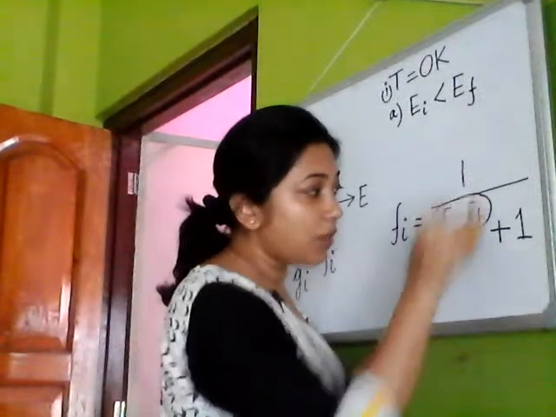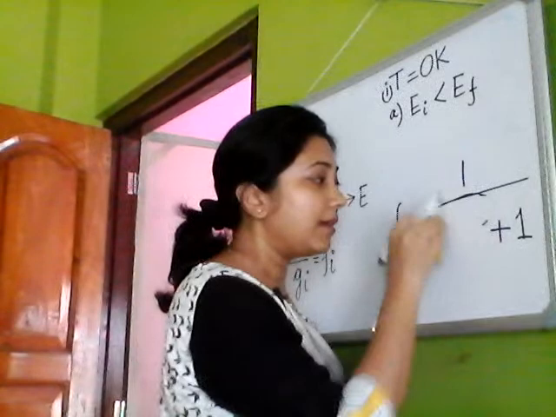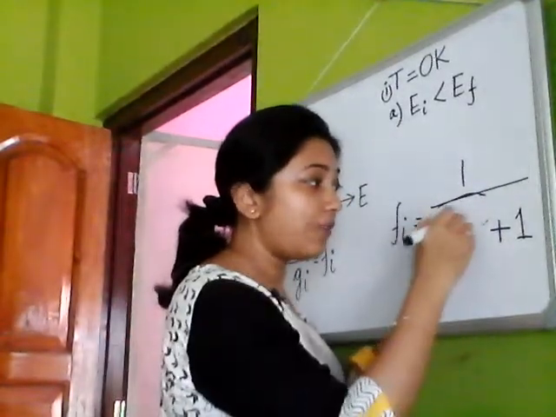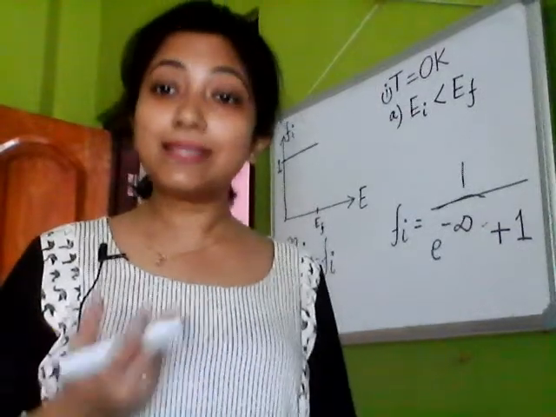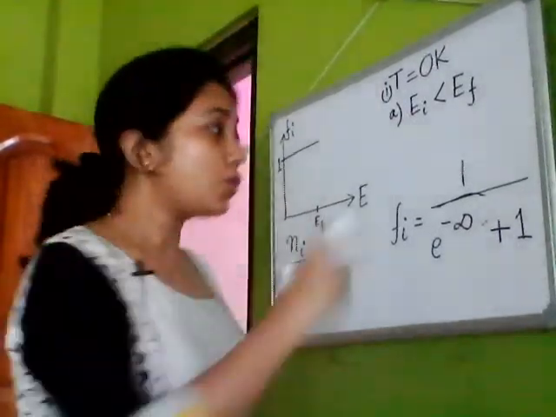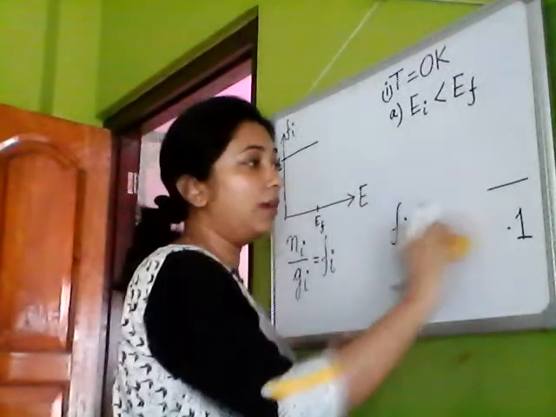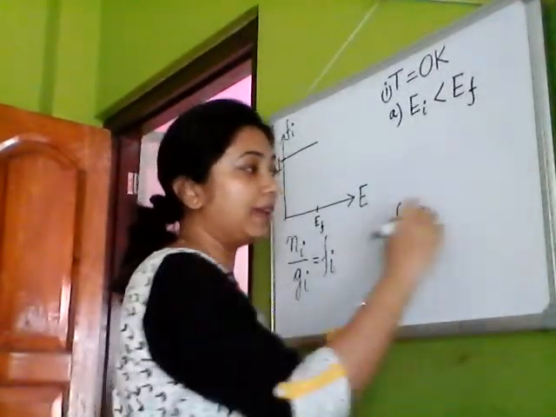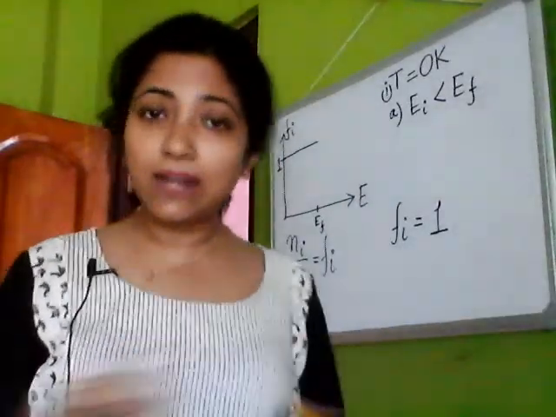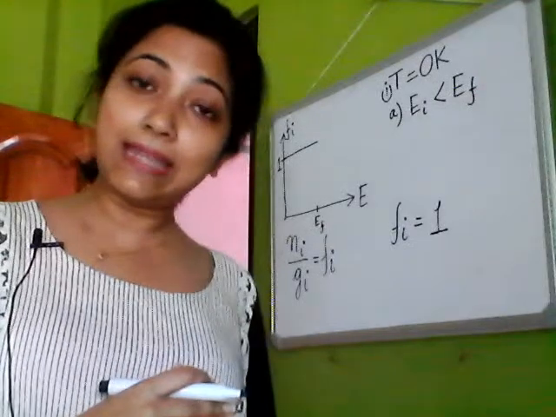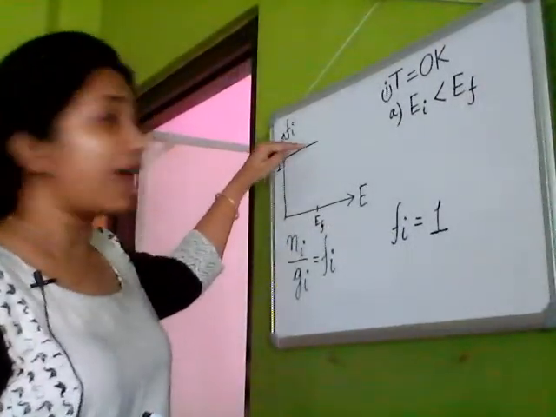So this entire power of the exponential is minus infinity for us. And e to the power minus infinity is nothing but 0. Correct? So in this scenario, we are left with 1 by 1, or the distribution function Fi getting the value 1. And we have seen that for any energy value which is less than EF, this Fi value will be taking the value of 1.